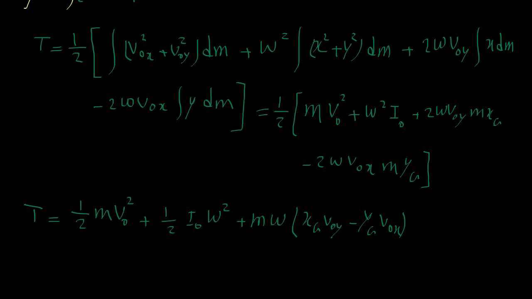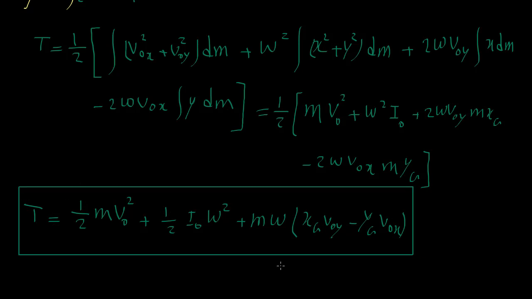So this is the equation for kinetic energy of a 2D rigid body.